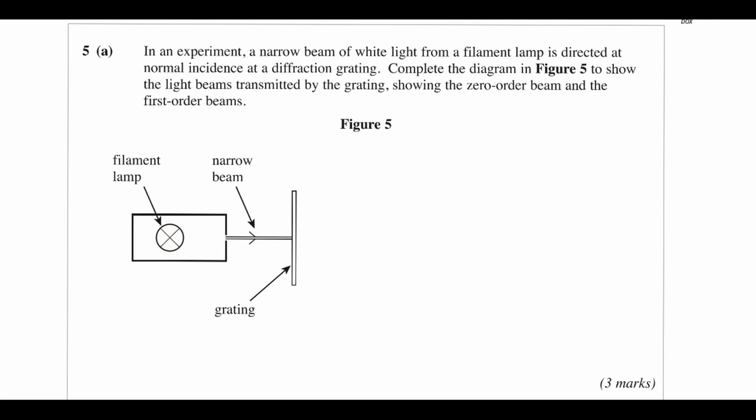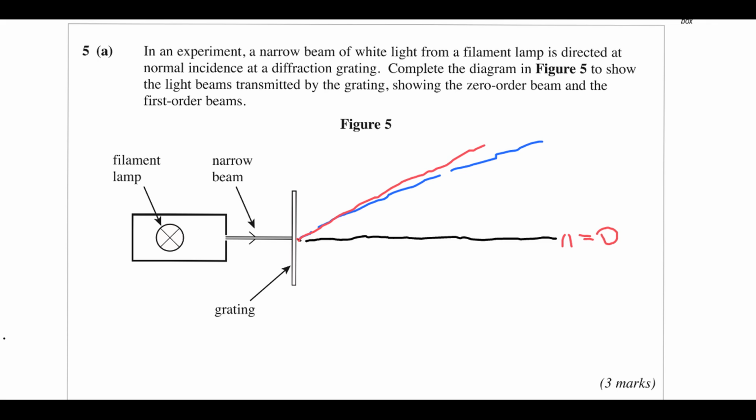So what you get with this is, if we draw across, we're going to get a central fringe there, and then in the outer fringes what we're going to get is a splitting of the wavelengths. So let's try and show that. And then this is your n equals 1 and your n equals 1 there.